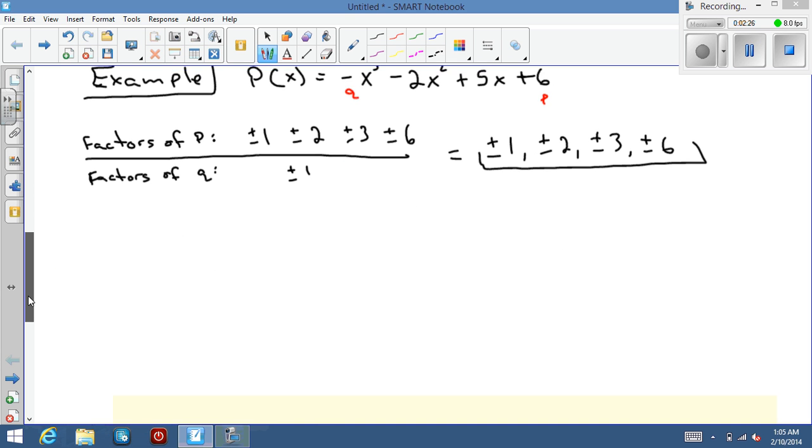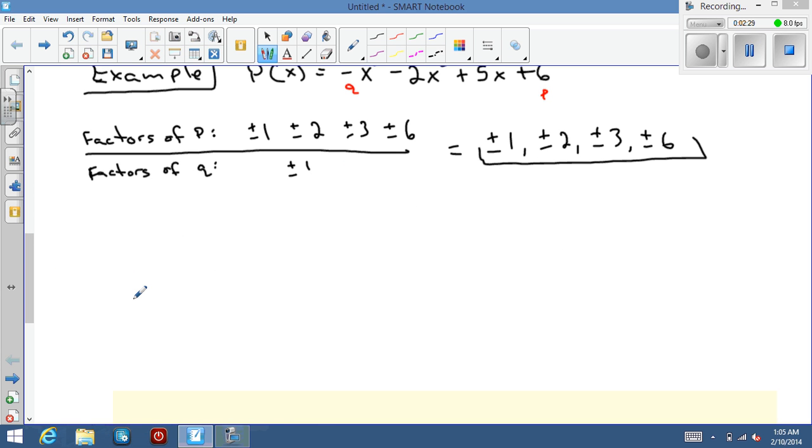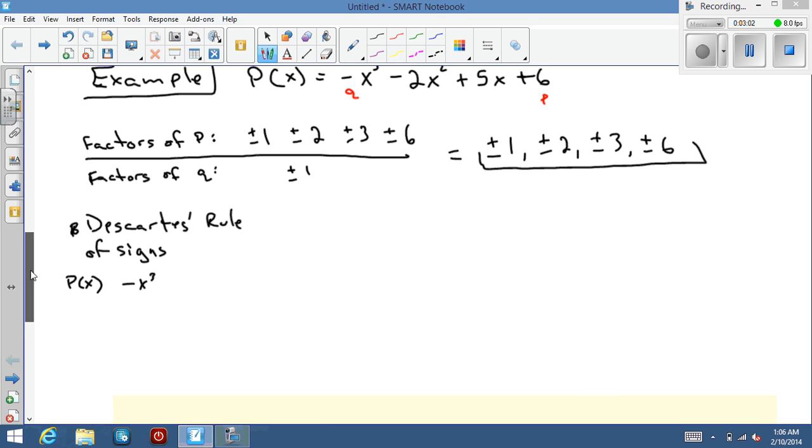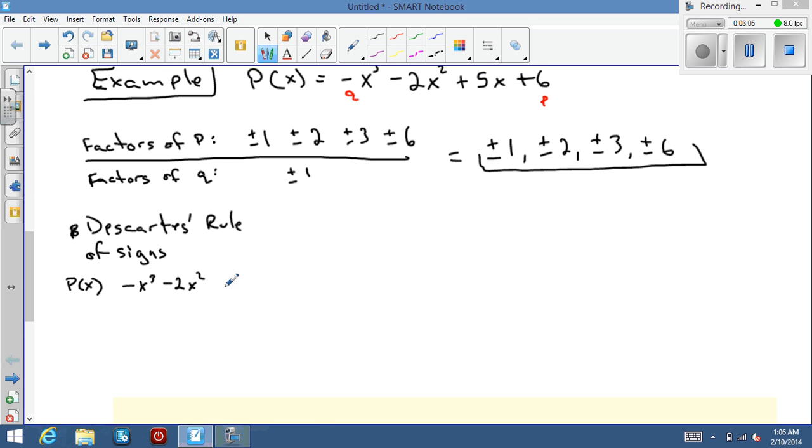So now we want to use Descartes' rule of signs. So if we look at the polynomial p of x, we have negative x cubed minus 2x squared plus 5x plus 6.